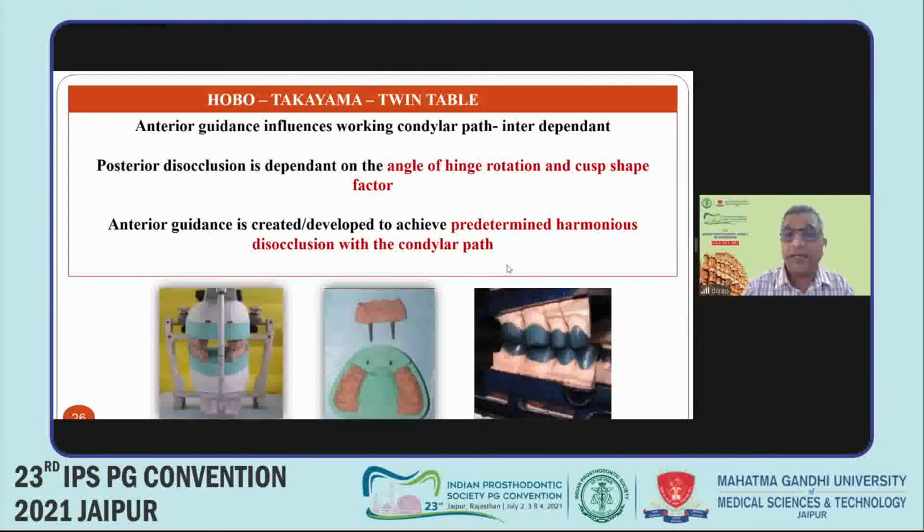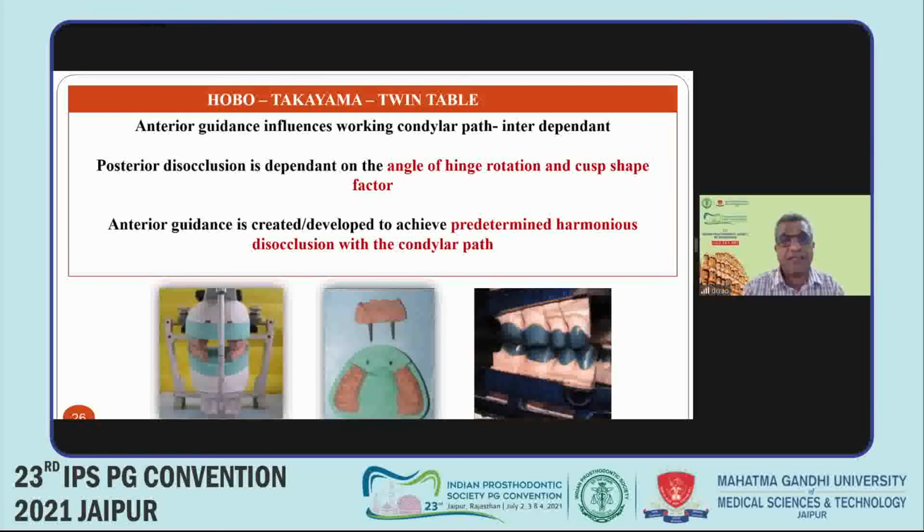Most recently, people follow either Pankey-Mann-Schuyler or Hobo-Tim Stage, which I have not covered in detail because you will not understand; in the next convention, if an opportunity comes in Bali, I'll present case reports of Pankey-Mann-Schuyler as well as Hobo-Tim Stage.